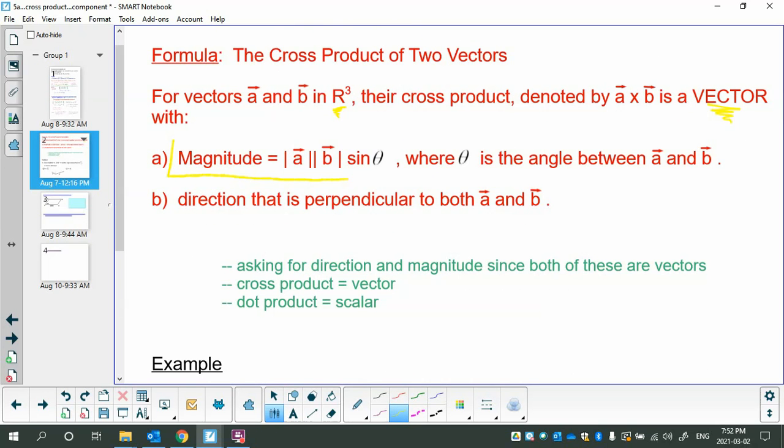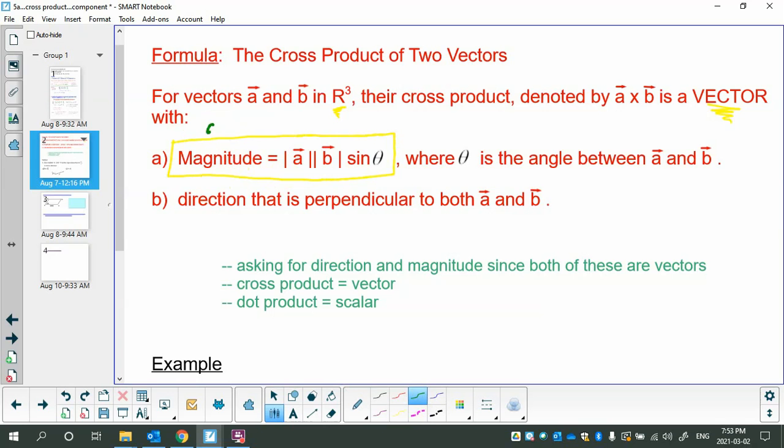Here's the formula. And it looks an awful lot like the formula for dot product, but this one isn't giving you a vector, it's giving you the magnitude of the vector.